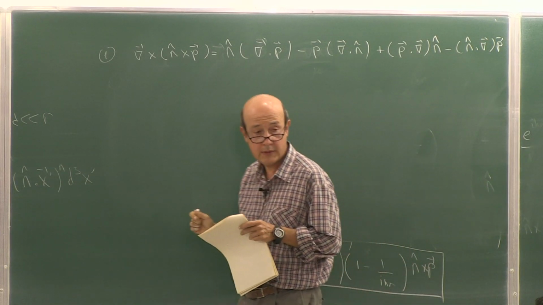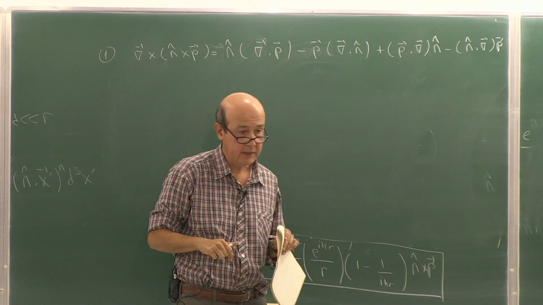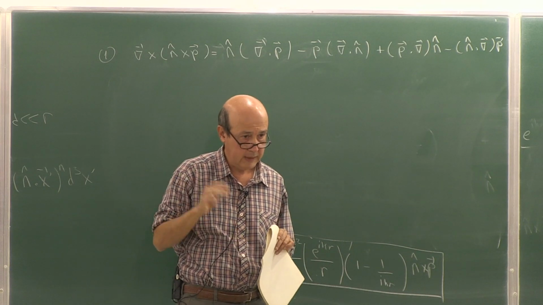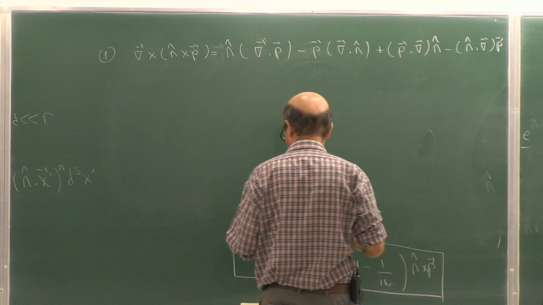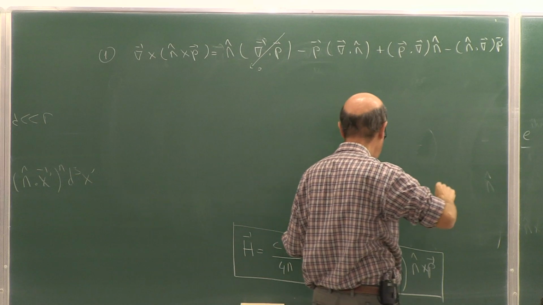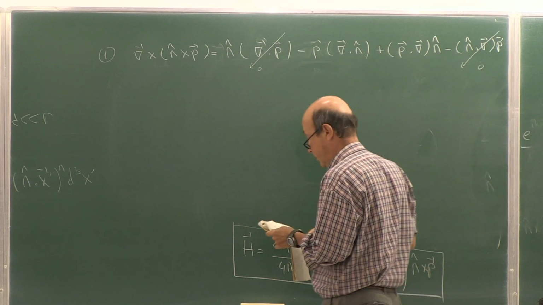There are some terms that are 0. Whenever the derivative acts on the electric dipole moment, that is 0, because the electric dipole moment is a constant vector. So basically these terms are 0.